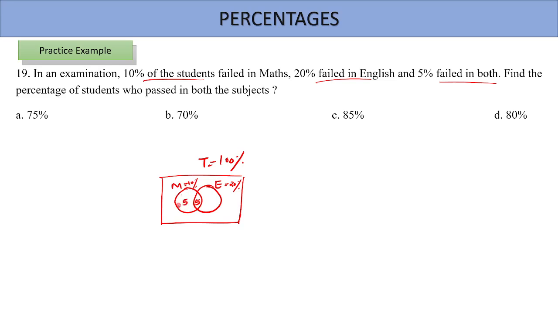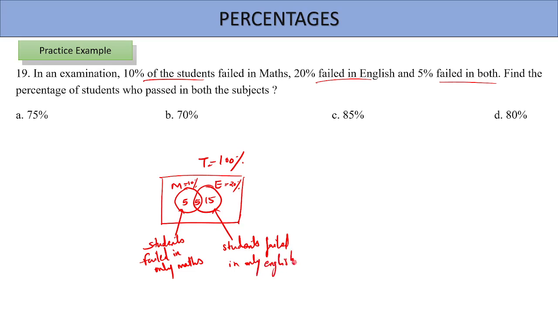It is nothing but students who failed in only maths. And this 15%, 20 minus 5, is students who failed in only English.